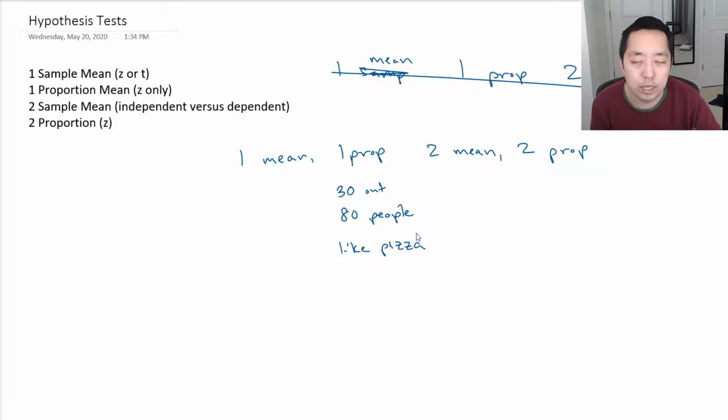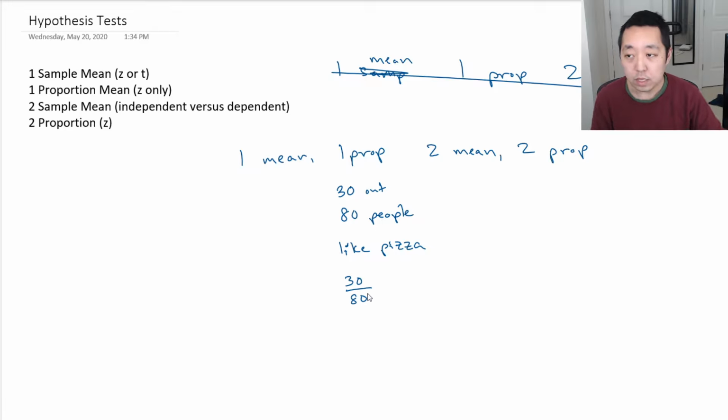That's abysmally low, but you get the idea, right? 30 out of 80 like pizza. This is a categorical variable, not a quantitative variable, but we convert it to a numerical value by saying 30 over 80.